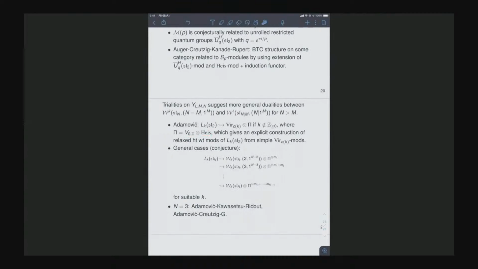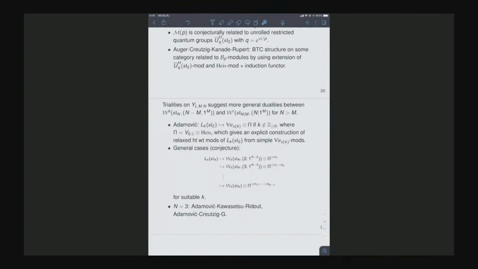This embedding means that if you take a module of simple Virasoro and tensor with Π, we get an affine SL2 module. This is very interesting because it gives an explicit construction of relaxed highest weight modules of affine SL2. And in fact, we can apply this construction to compute characters, fusion rules and so on.